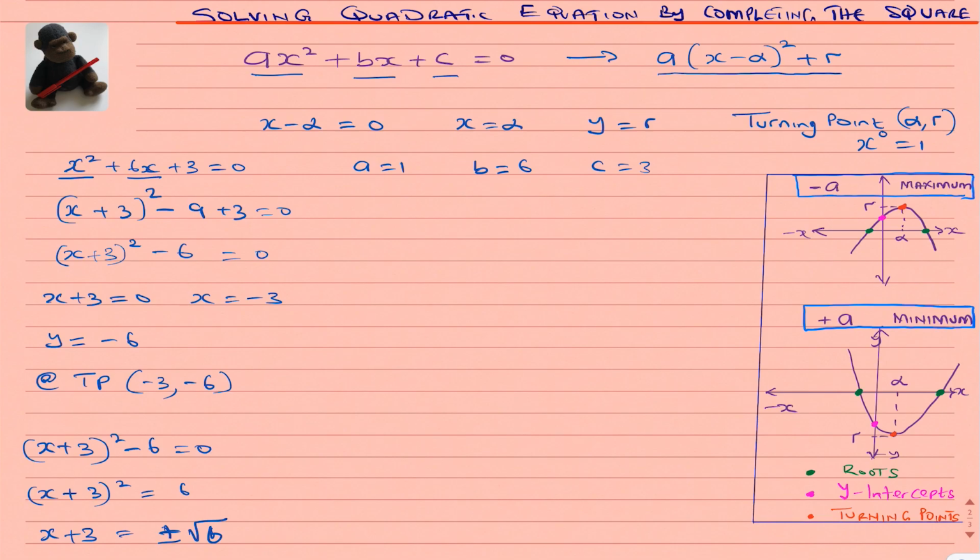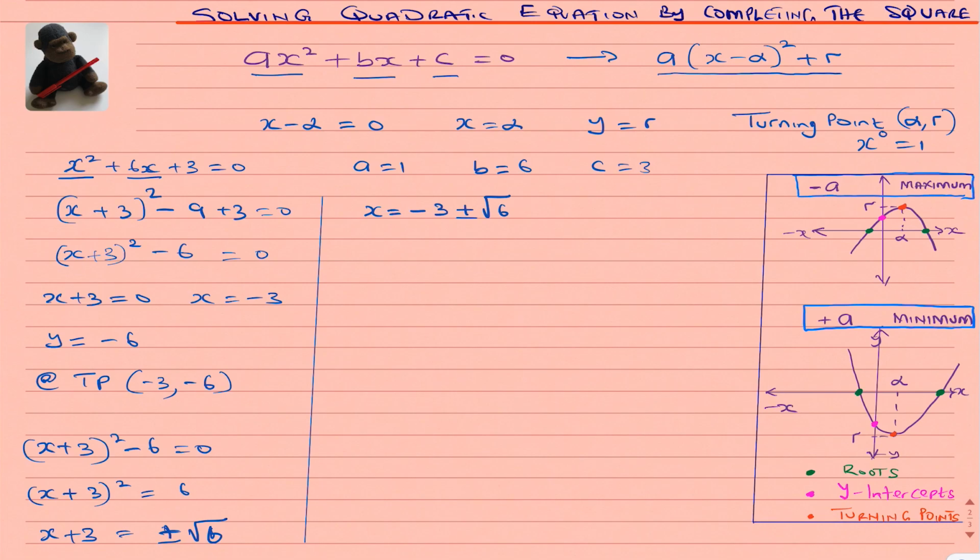So what we do next is to take 3 away from both sides. So x equals minus 3 plus or minus root 6. Now this is the surd form of the answer, in case they ask you to write your solution in surd form.